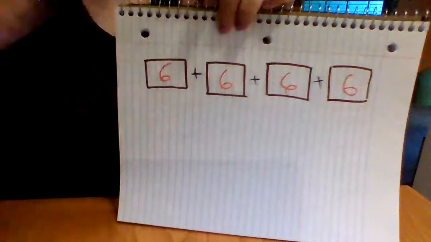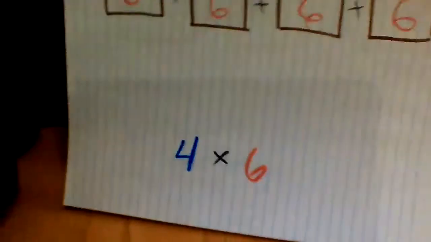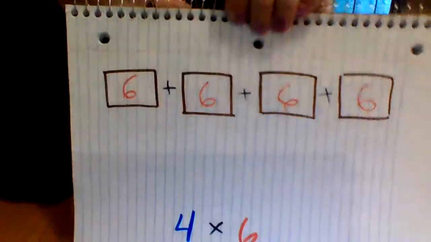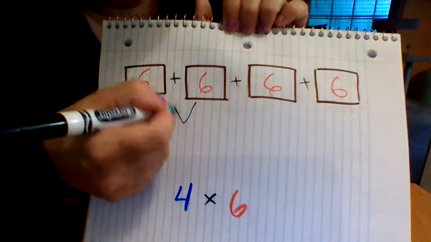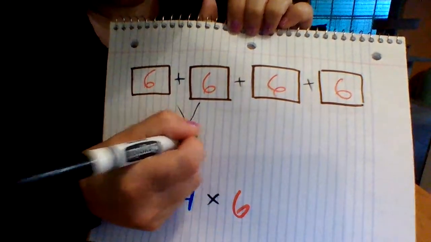Okay, so let's do that real quick. 4 times 6. All right. So we start repeated addition by using our doubles, which is cool. We have 6 plus 6, which is 12.